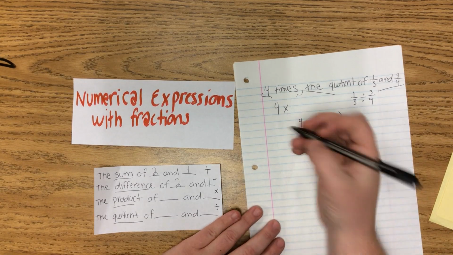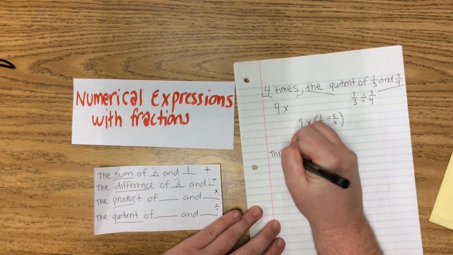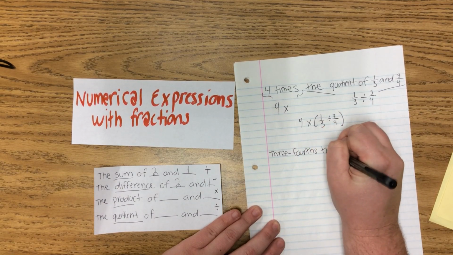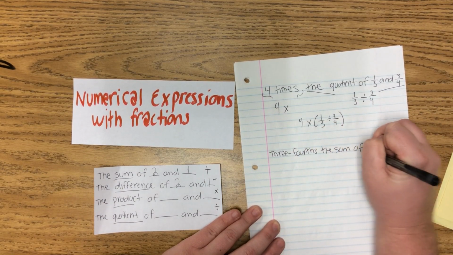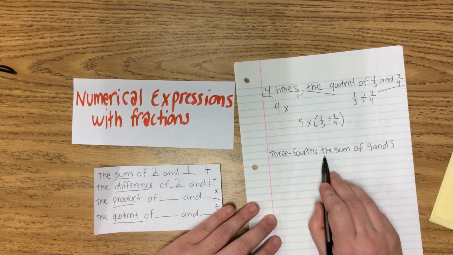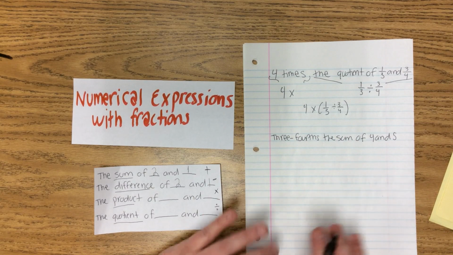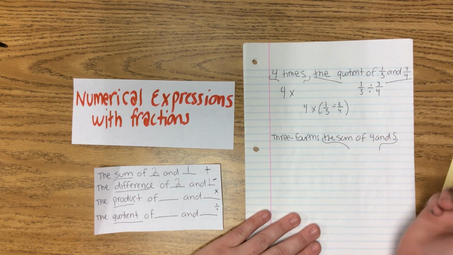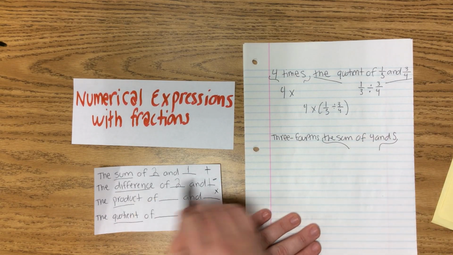For example, if you saw the equation 3/4 the sum of 4 and 5. So breaking this apart, I see right away the sum of 4 and 5, and I know sum is addition.